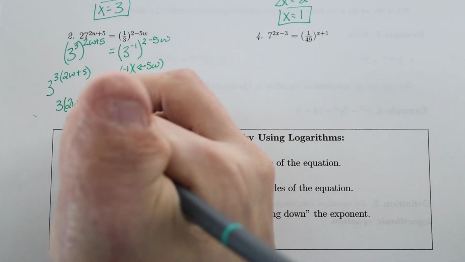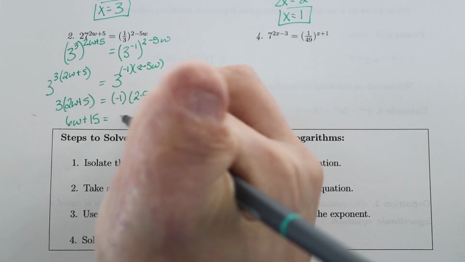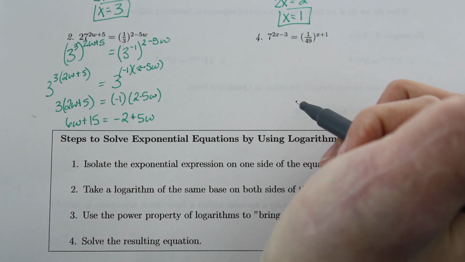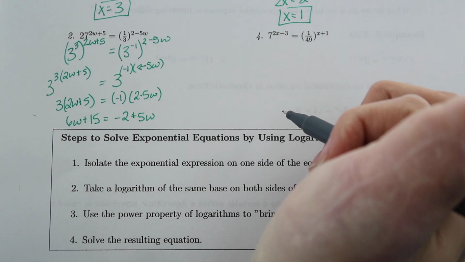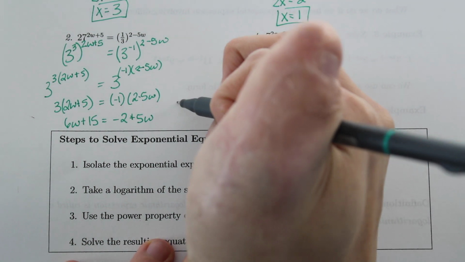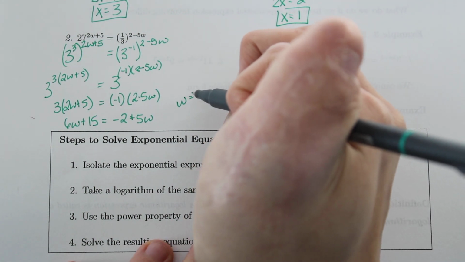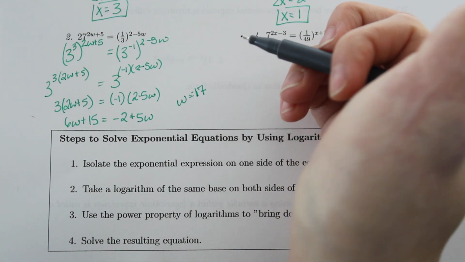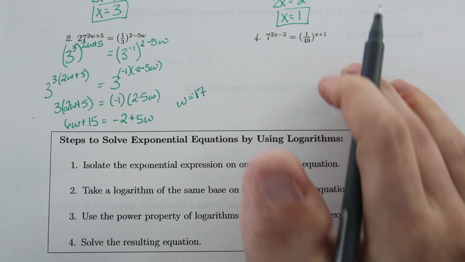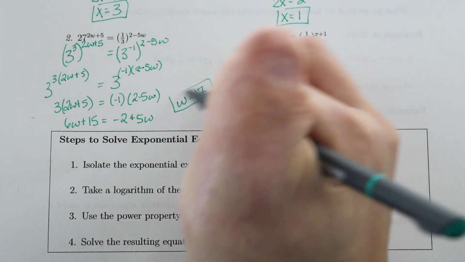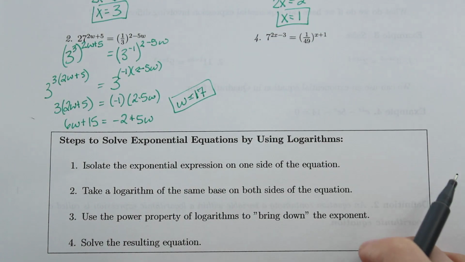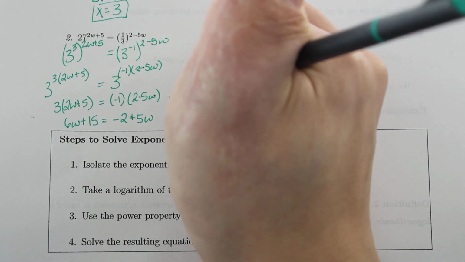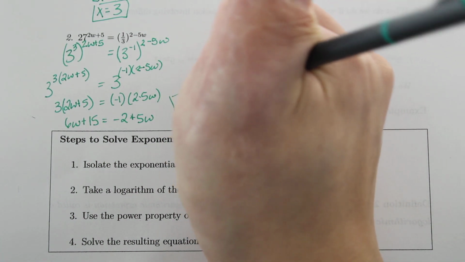So we have 6w plus 15 is equal to negative 2 plus 5w. Then you can solve for w like you would normally, and we get that w is equal to negative 17. My negative sign is disappearing, so negative 17.